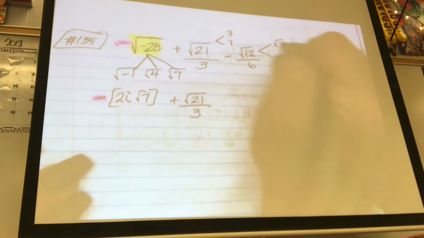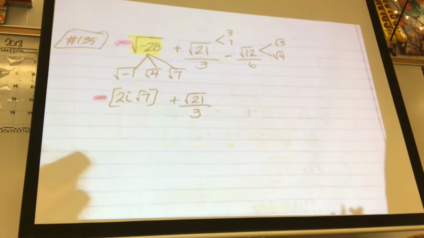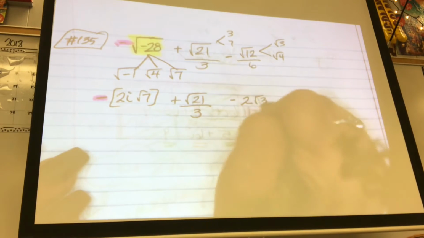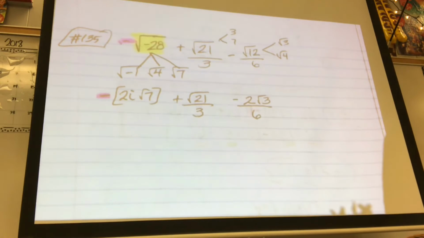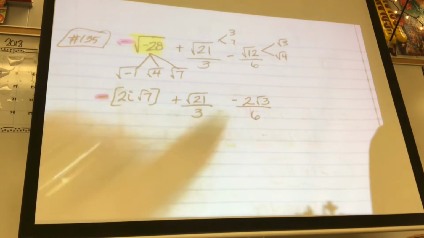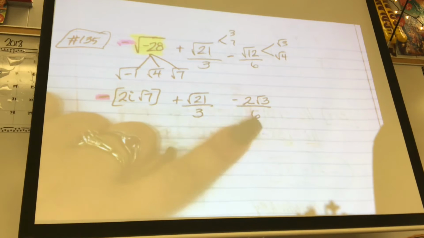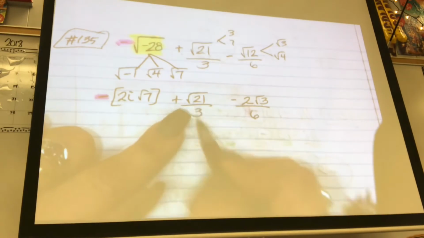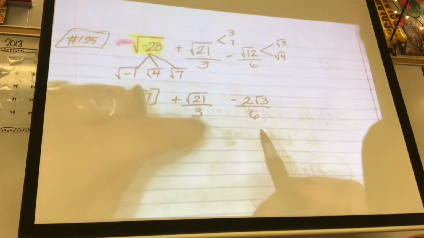Noah, can you break down this 12 for me? Yep, square root of 3 times the square root of 4. What is the square root of 4? 2. So this becomes minus 2 rad 3 over 6. Now I can simplify. Do you see it, Dylan? You see this 2, 6? You cannot simplify here because this guy's in the square root, this guy's outside the square root.